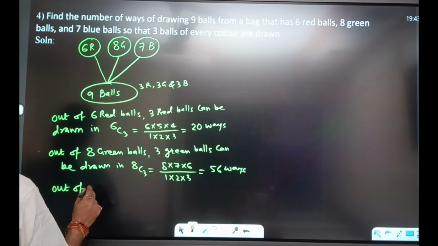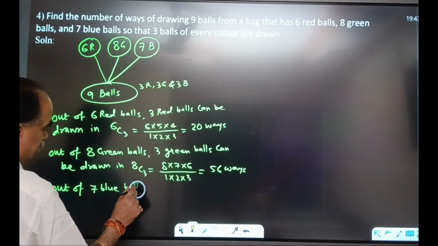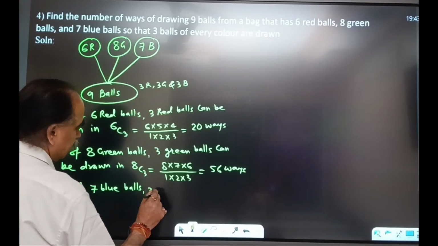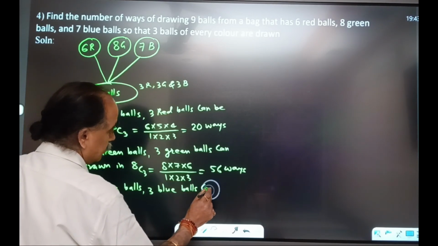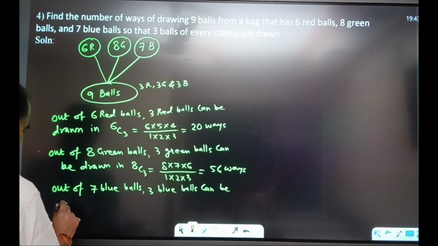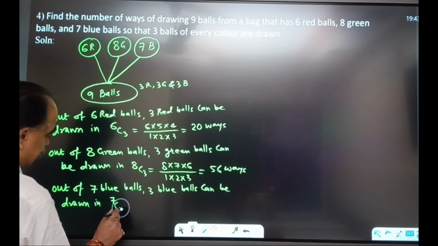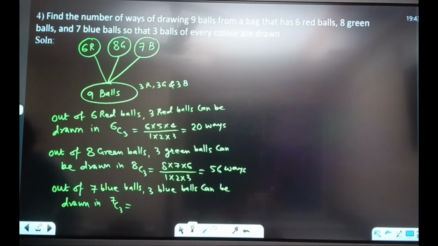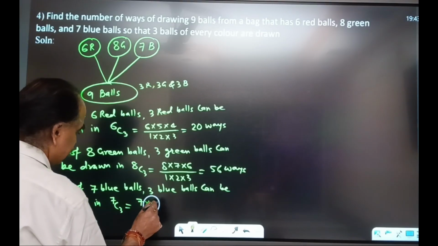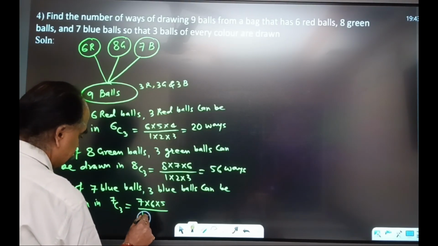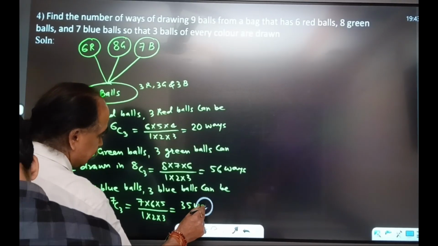Out of 7 blue balls, 3 blue balls can be drawn in 7C3, 7 into 6 into 5 upon 1 into 2 into 3, 35 ways.